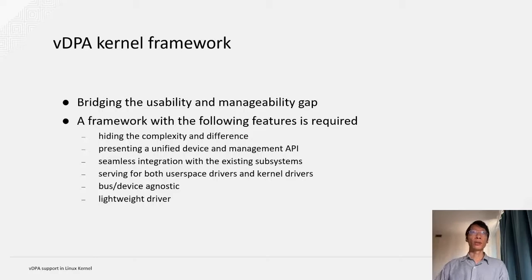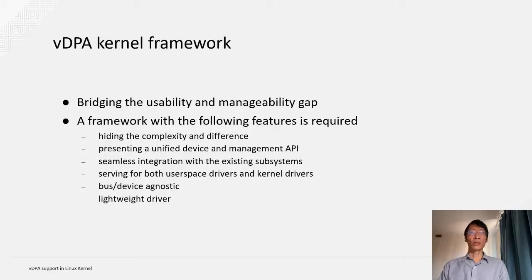So in order to answer all of those questions, we want to introduce the VDPA kernel framework. The main goal is to bridge the usability and manageability gap of the raw VDPA device. So it's basically a framework with the following required features. First, it should hide the complexity and difference of the underlying device and present a simple, same device API to the software.